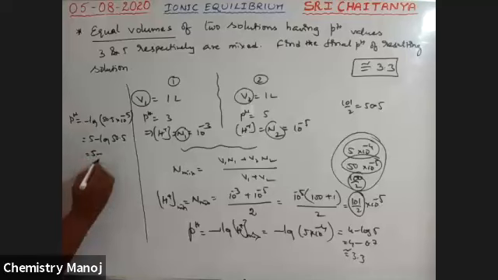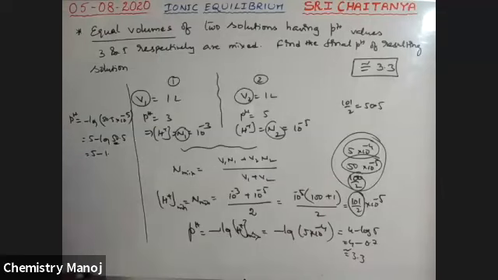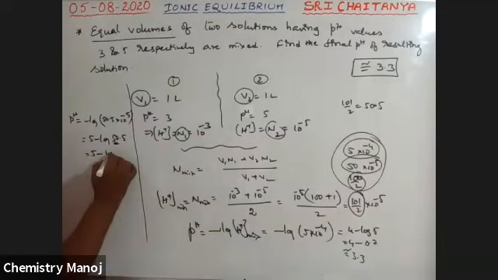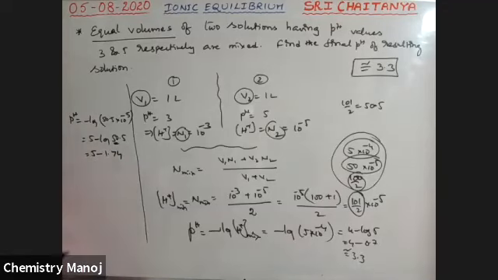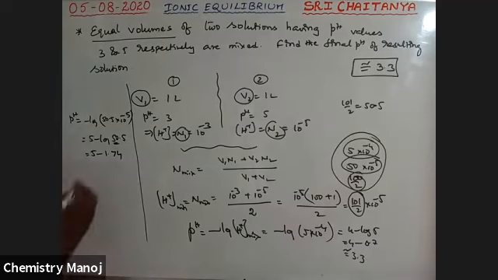The characteristic is 1, so log 50.5 is 1.70, and 5 minus 1.70 gives 3.3.